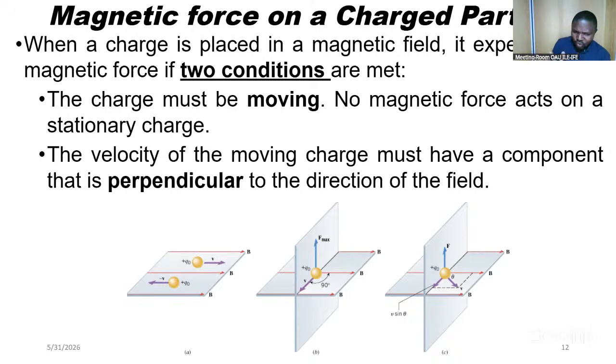Mind you, these two conditions must be met for a charge to produce magnetic force. The first one is that the charge must be moving. The second one, the velocity of the moving charge must be perpendicular to the direction of the field. Is that okay? So since you know that one, let's now move a bit further.